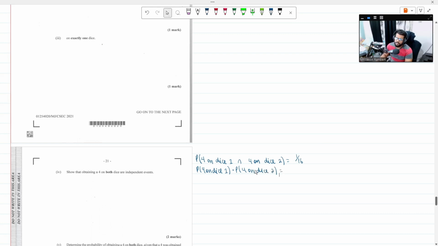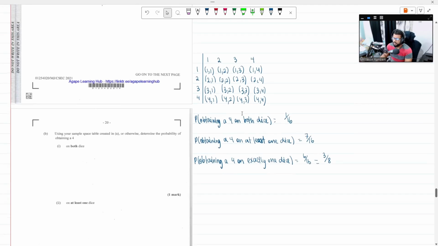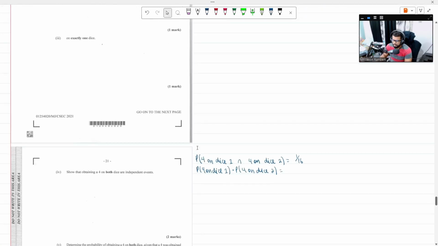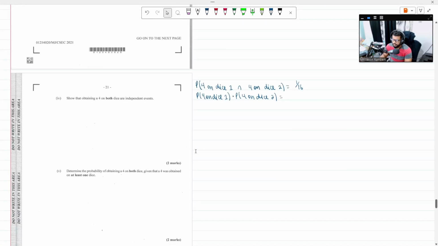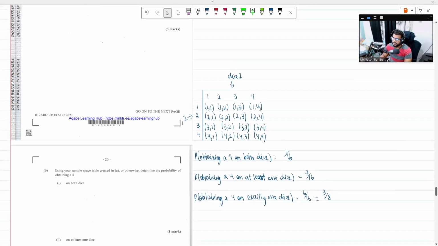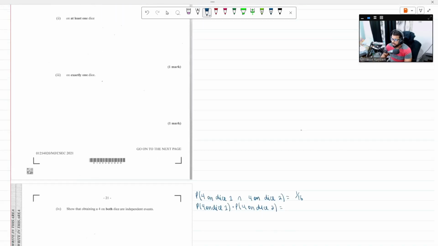The probability of getting a 4 on dice 1 is going to be, let me say this is dice 1 and this is dice 2, right? Dice 1 will be the second number. Obtaining a 4 on dice 1 is going to be 1, 2, 3, 4 out of 16, which is a quarter.